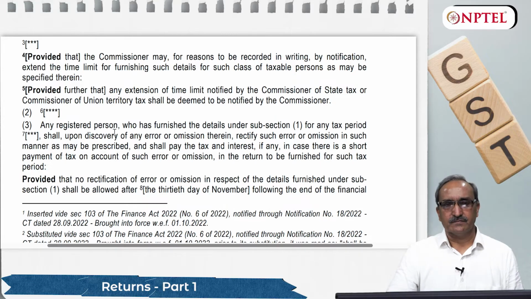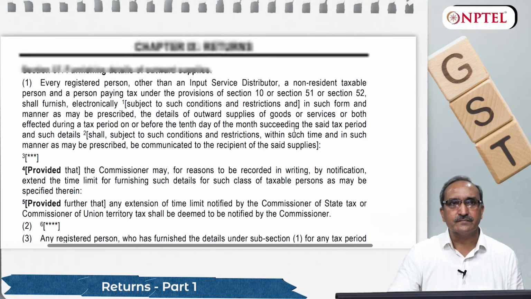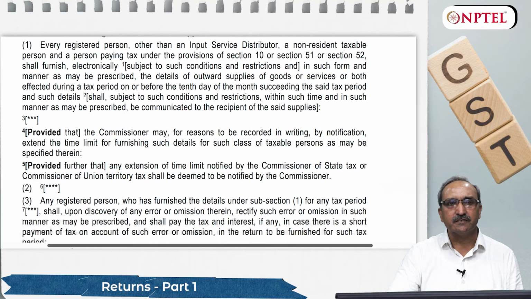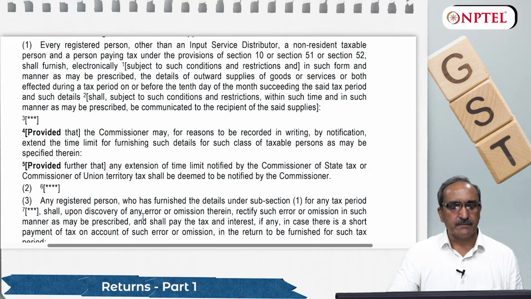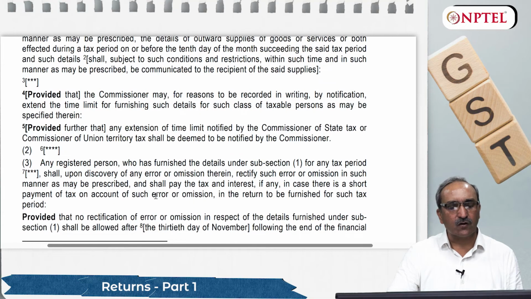It says any registered person, means a person who is registered under GST, who has furnished the details under subsection 1 above, means outward supply, means his sale, for any tax period, that is for that particular month, shall upon discovery of any error or omission therein, rectify such error or omission in such form and manner as may be prescribed, and shall pay tax and interest, if any, in case there is a shortage of payment of tax on account of such error or omission, in the return to be furnished for such tax period.